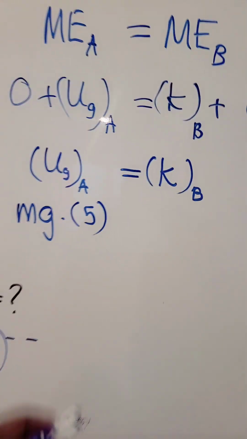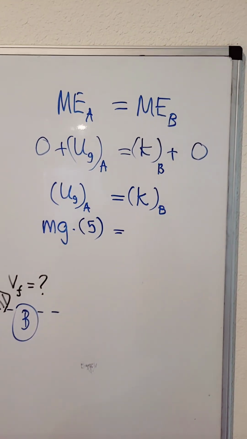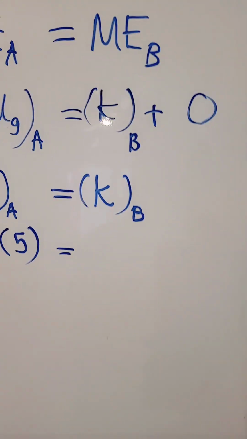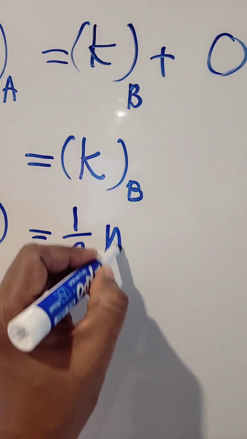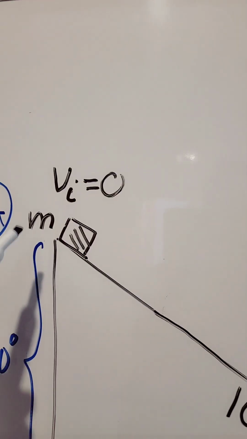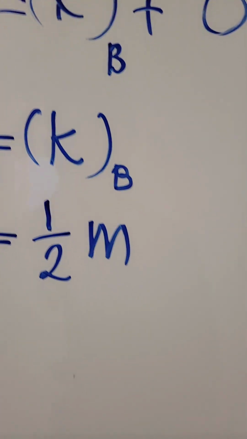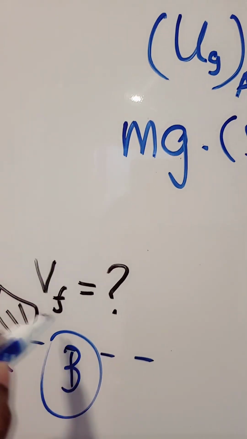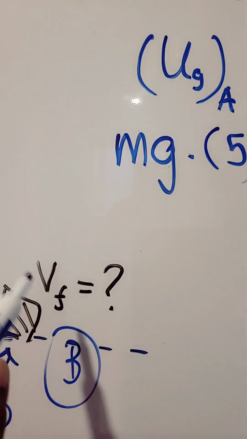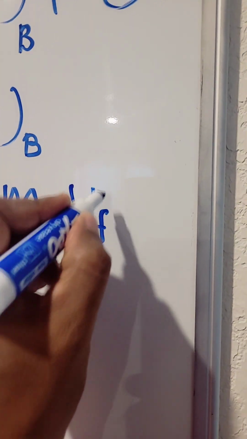mgh equals kinetic energy. Do you know the expression for kinetic energy? 1/2 mass times speed squared. 1/2 mass m, because they haven't given us a specific value for the mass, so I'm just going to consider it as m, times v squared. v is the magnitude of the speed, so v final squared.